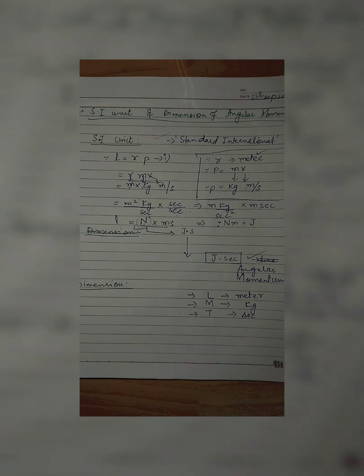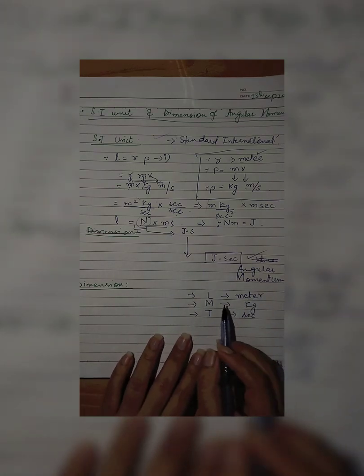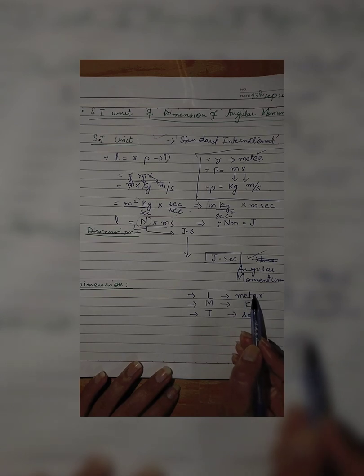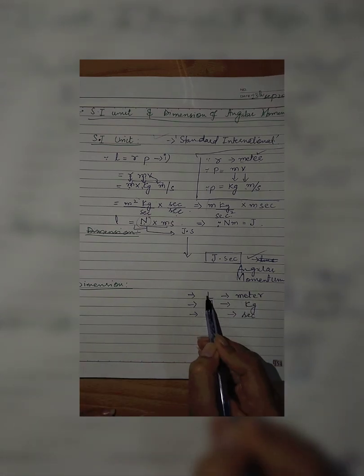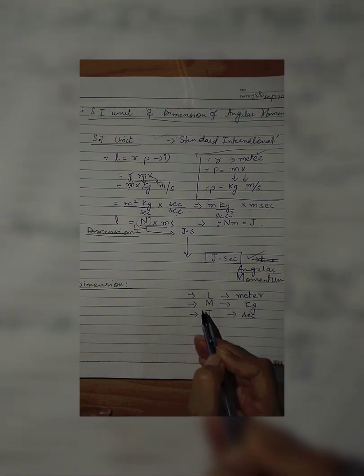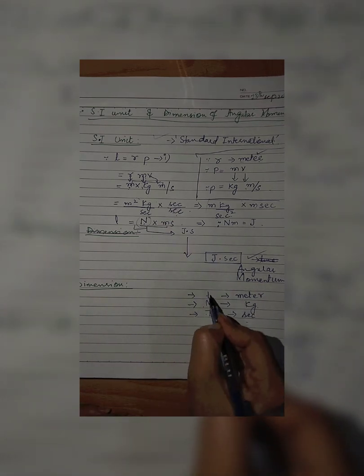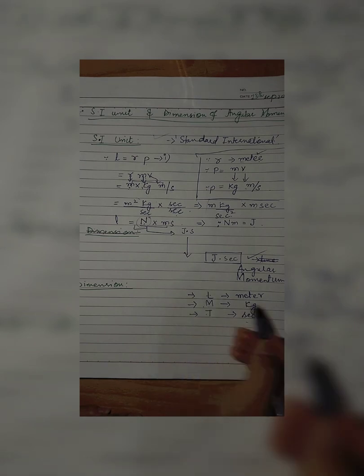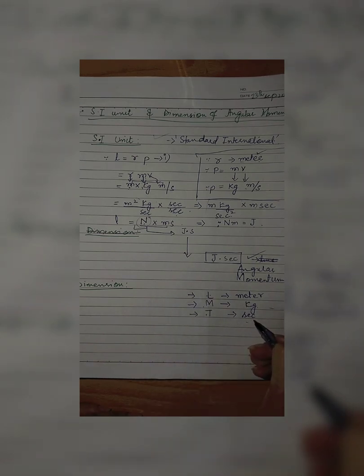Let me repeat myself. Keep in mind what we are doing. We are just replacing meter with capital L, kilogram with capital M, and second with T. That says length, mass as for kilogram, and time as for second.